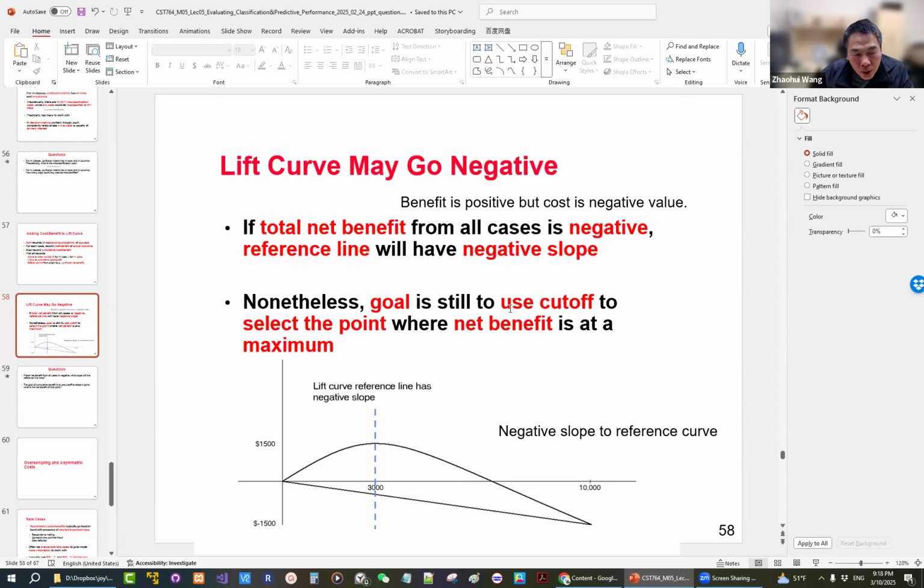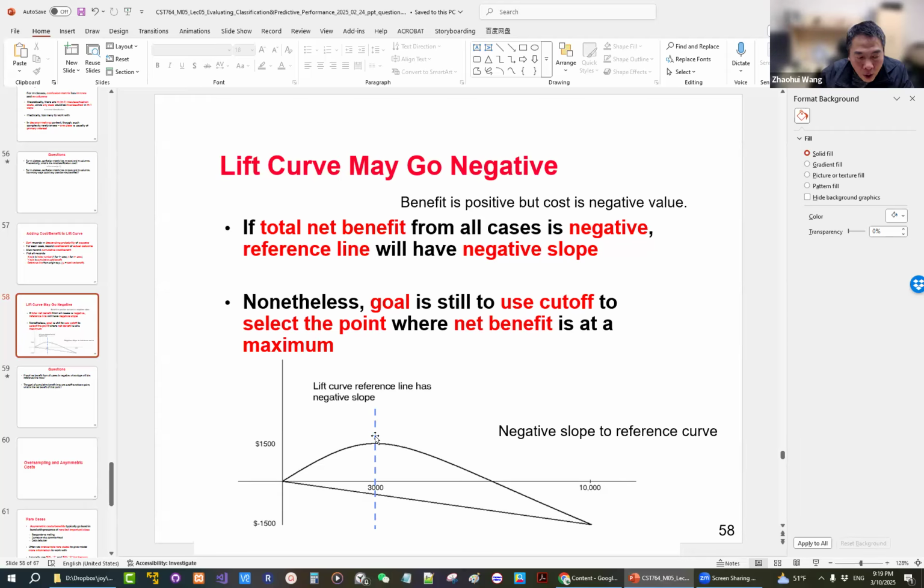So we can choose the cut value to make sure the point has a maximum value, here. So we will apply the strategy: just apply the cut value here.